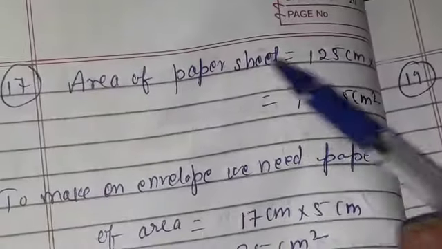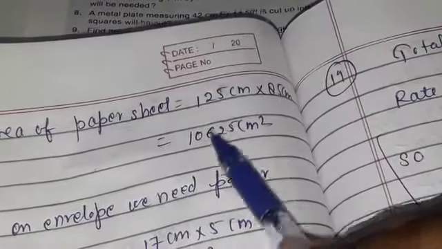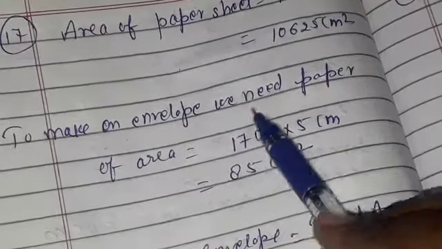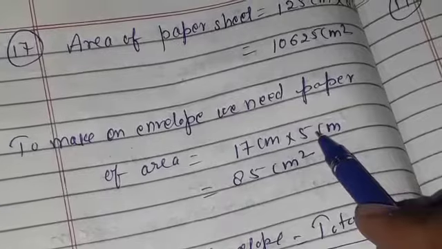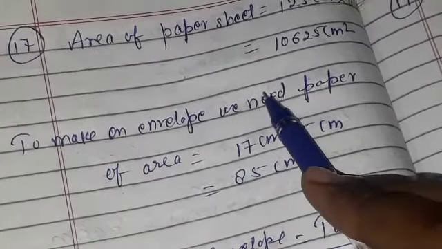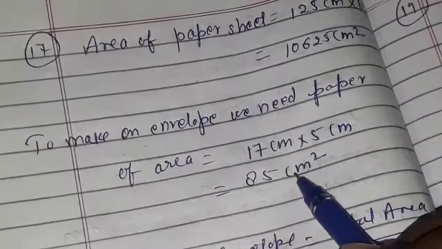So area of paper sheet, that is equal to 125 cm into 85 cm. The answer is 10,625 centimeter square. To make an envelope, we need paper of area that is equal to 17 cm into 5 cm, that is equal to 85 centimeter square.